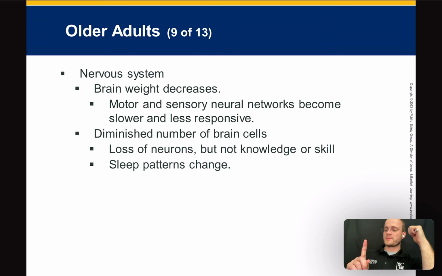You could have loss of neurons, but generally something to be aware of that older people, you cannot assume, it's a very dangerous assumption, so don't do this. You don't want to assume that they have less knowledge or skill, okay? Always assume that they have optimal or prime intelligence, okay? It's a very bad thing to do is to assume, even demented patients, that they're not intelligent. You can't do that. They still have intelligence. They may just lack some immediate memory or some memory issues.